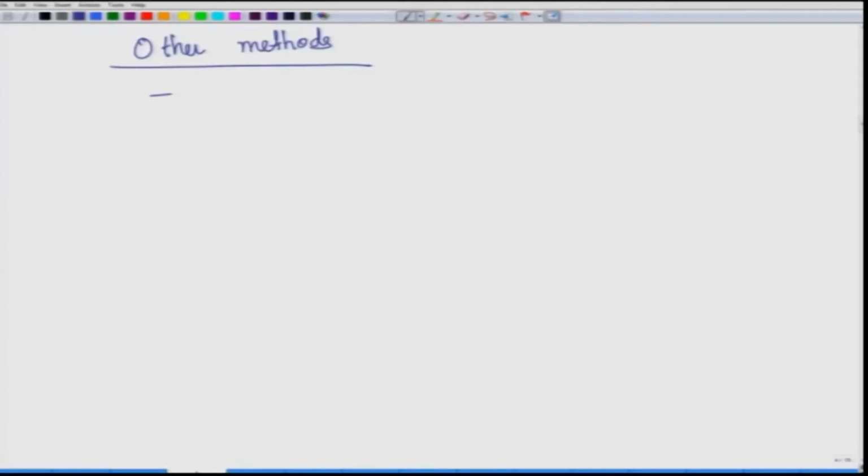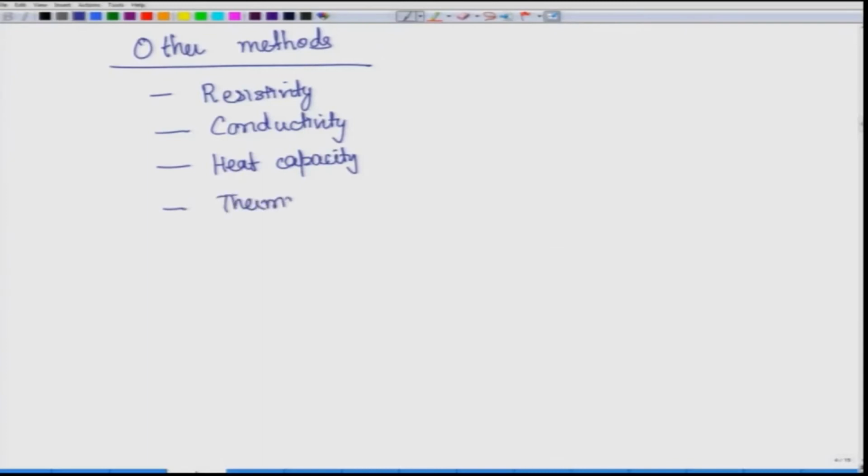Some other techniques which are used measure bulk properties, for example, resistivity. We will not go into details, I am just listing a couple of these, and related to resistivity is conductivity. The other one that we have already looked at is heat capacity, and thermal expansion.